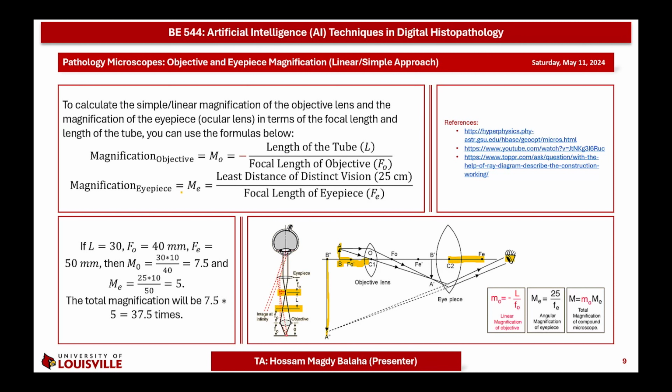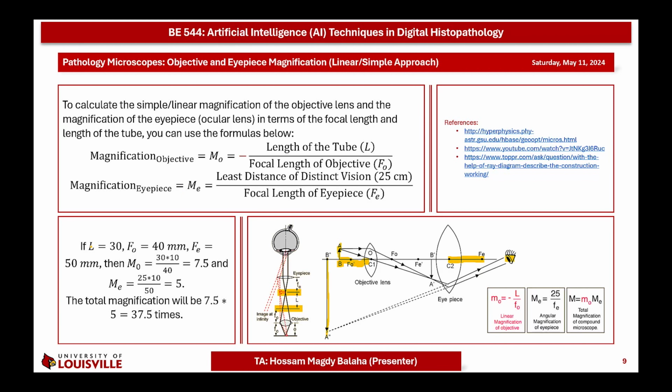By using the three values, the magnification of the objective, MO, is the length of the tube, L, divided by the focal length of the objective, FO. The magnification of the eyepiece, ME, is the least distance of distinct vision, a fixed value of 25 centimeters, divided by the focal length of the eyepiece, FE.